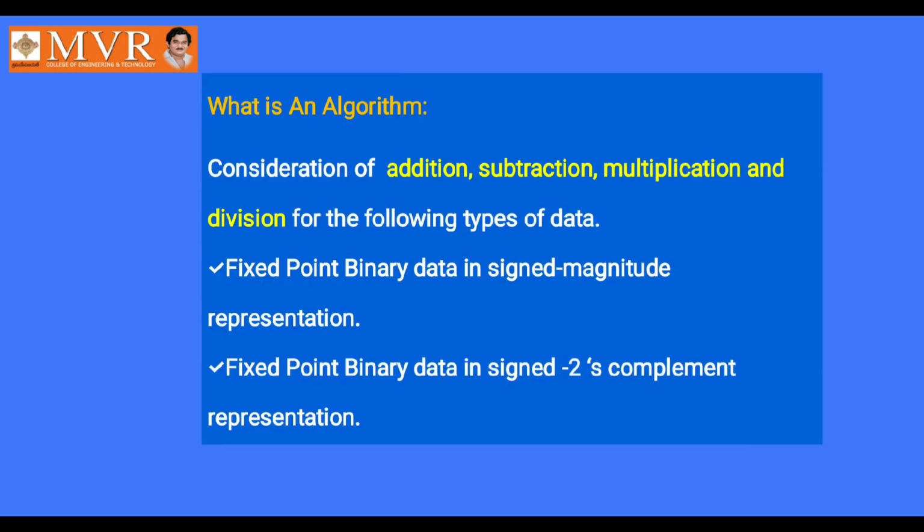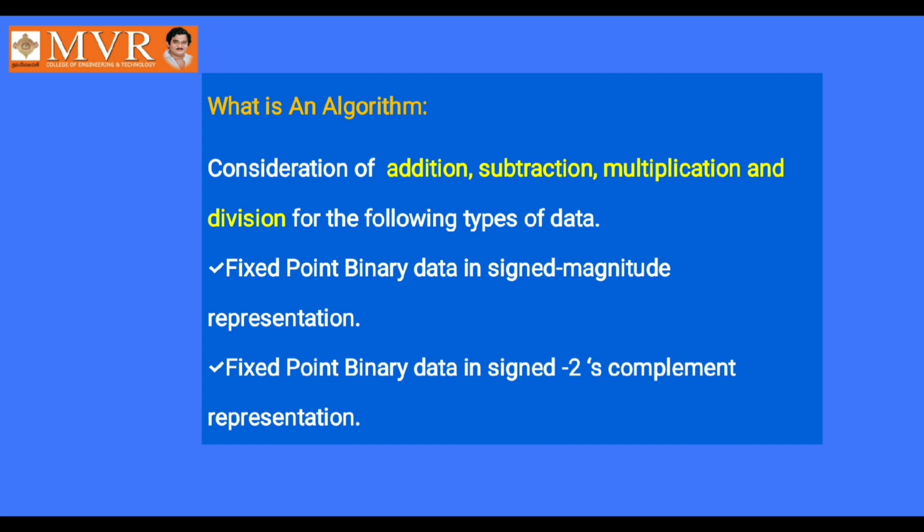Next, there is a question: what is an algorithm? You are CSE second year students, so by this time you might well know about the algorithm. For any problem, you need to have a solution.